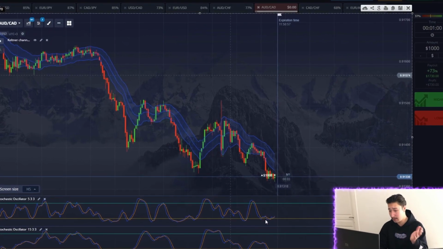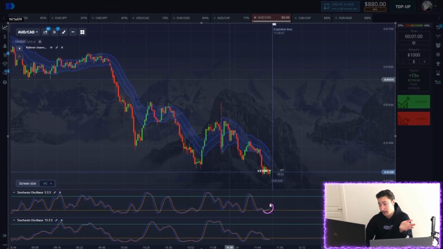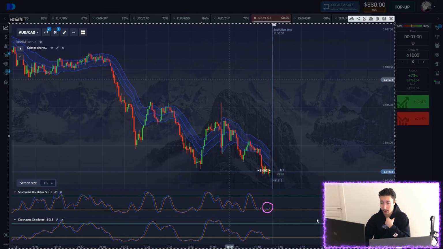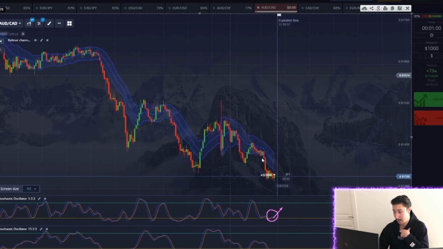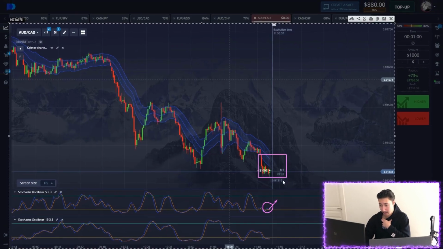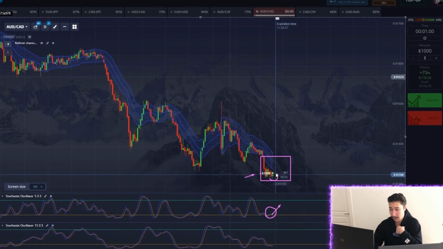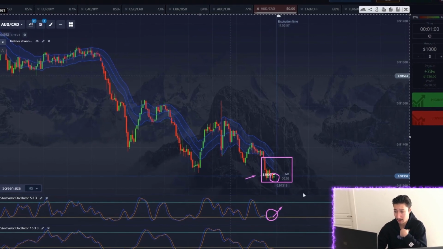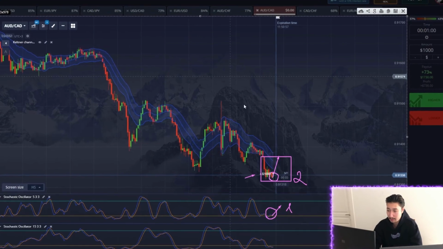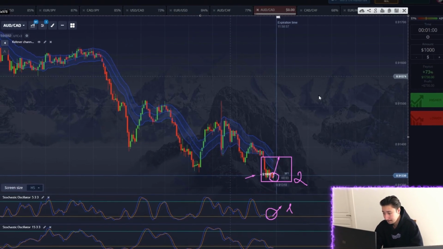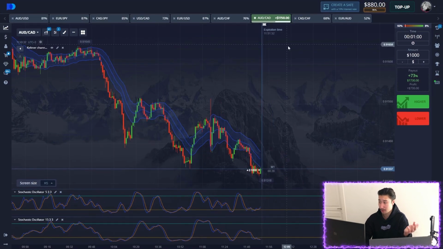Unfortunately. But anyway, we see the breakout here on the stochastic, and here we see the price broke the channel downwards. This is the second signal, right? And from this point we have to open a long position. So we're gonna play out the pullback. So let's just wait.